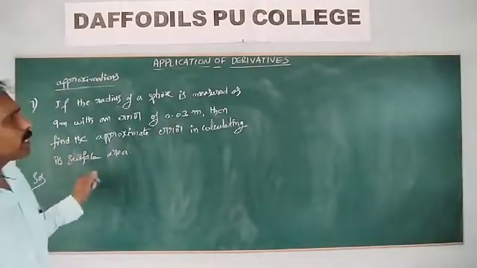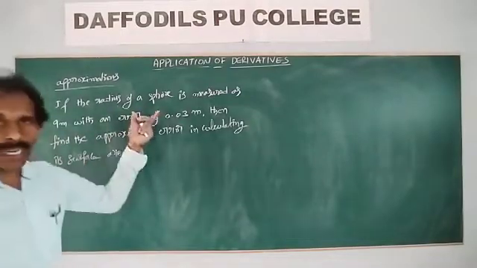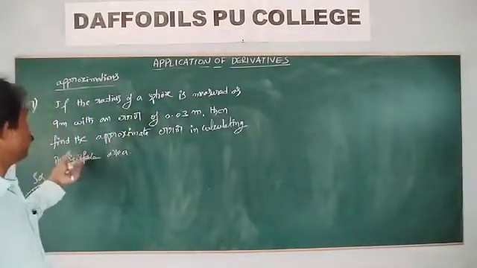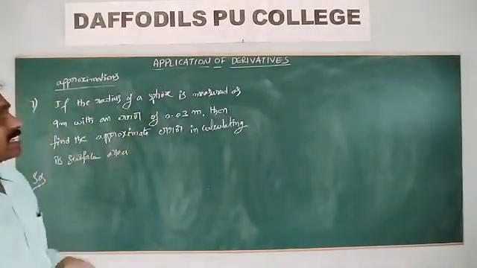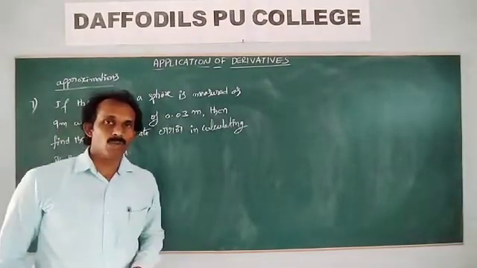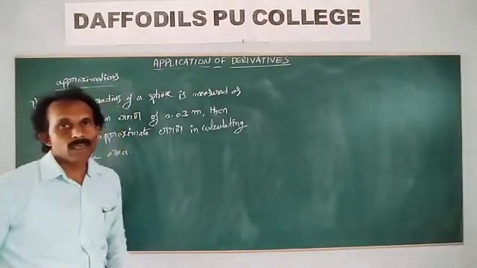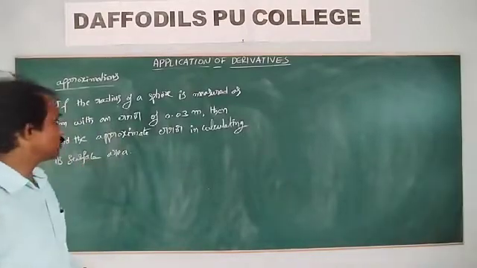Okay, the radius of the sphere. Here also the sphere concept. What do they ask? Surface area. In the previous problem it was volume of the sphere, 4 by 3 pi r cube. Here it is surface area.